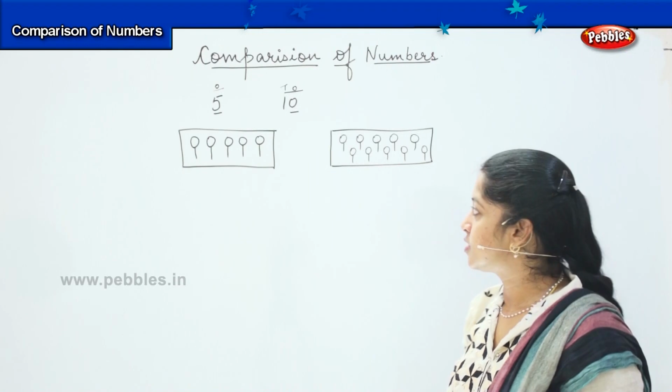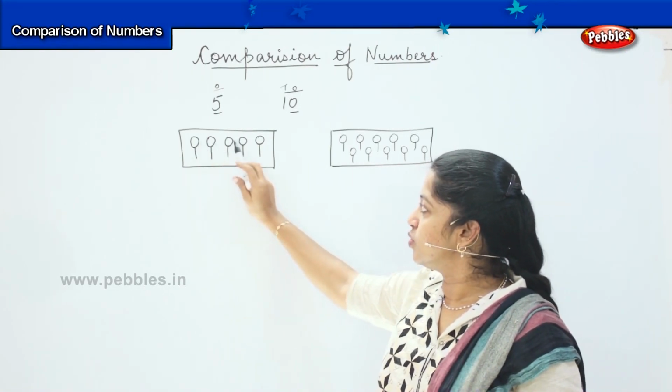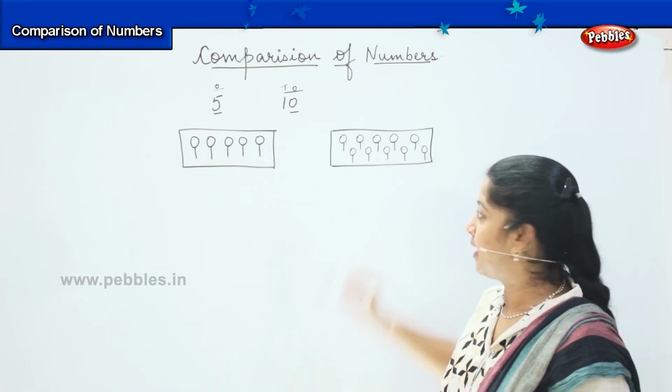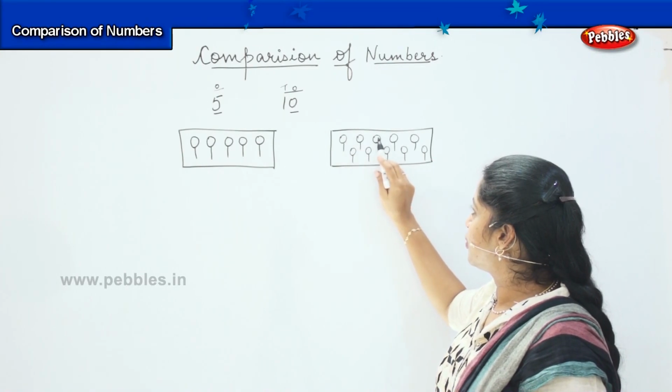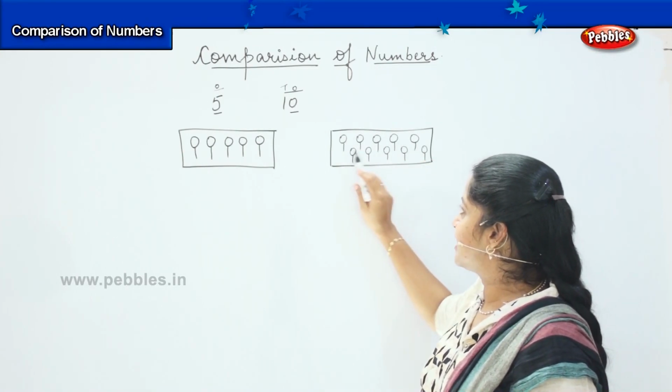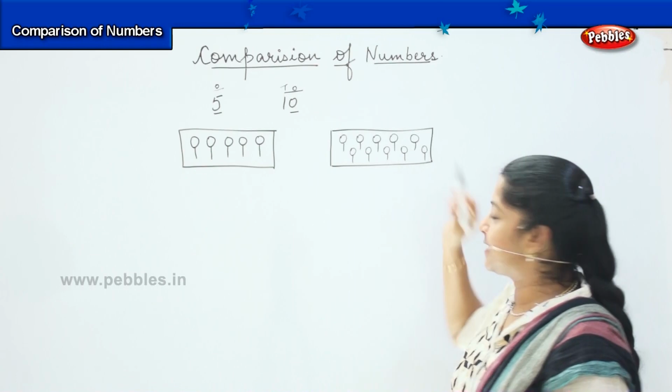Shall we count? It's 1, 2, 3, 4, 5. And 1, 2, 3, 4, 5, 6, 7, 8, 9, 10.